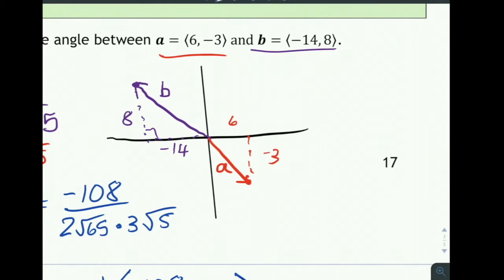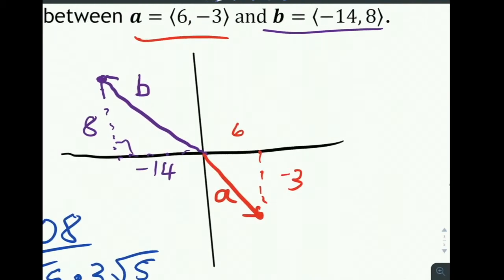You can do this without using the dot product if you'd prefer, just by using what you already know about trig functions. So we want to figure out the angle between these two vectors, like this distance.